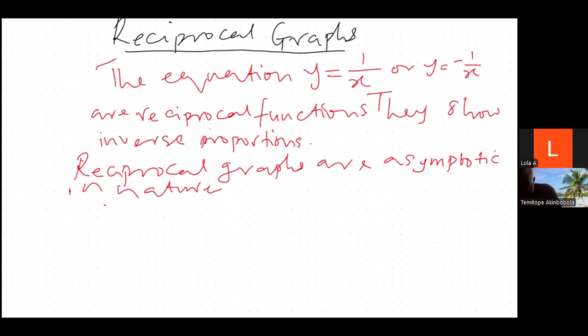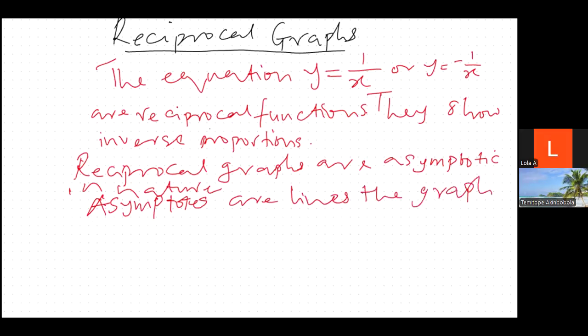Okay. So asymptotes are lines the graph approaches but never touches.